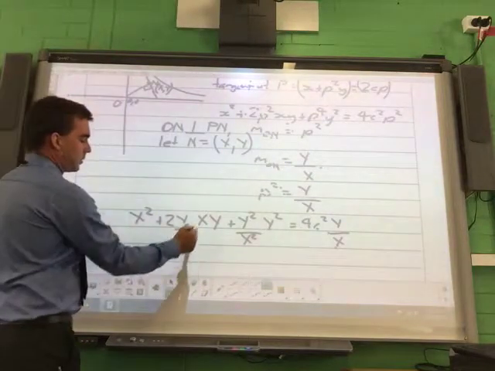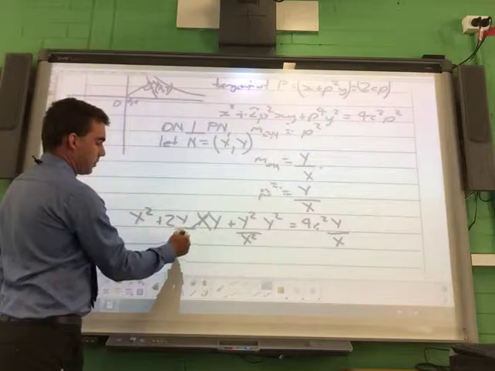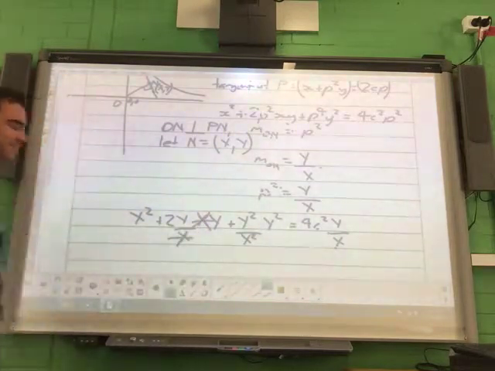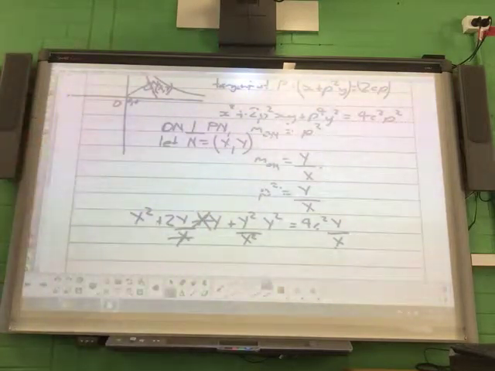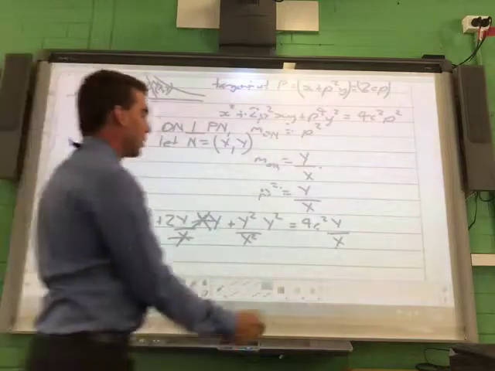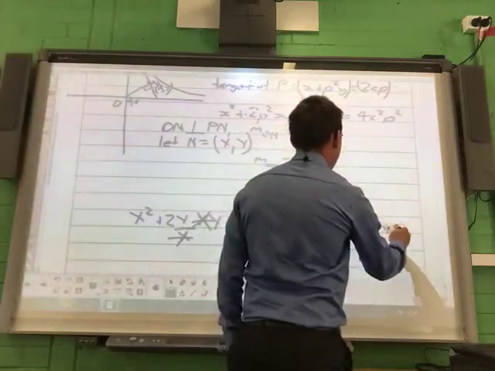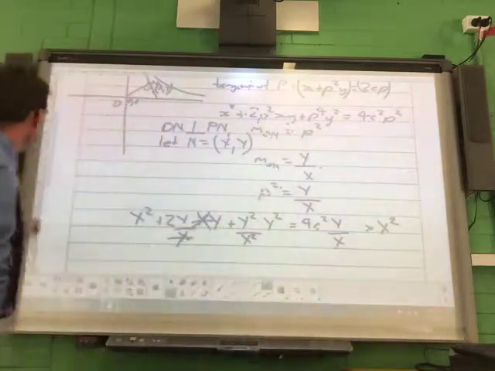Alright, so X cancels there. Now I'm going to multiply the whole expression by capital X squared to remove the denominators.